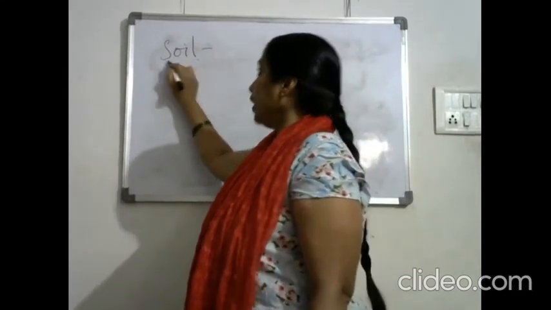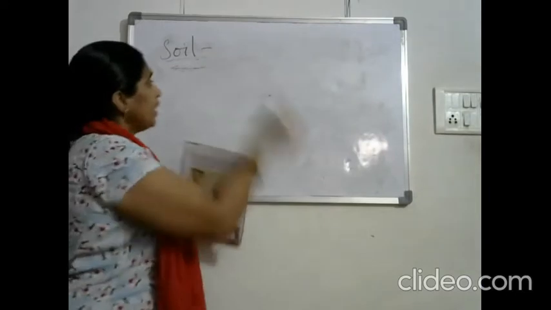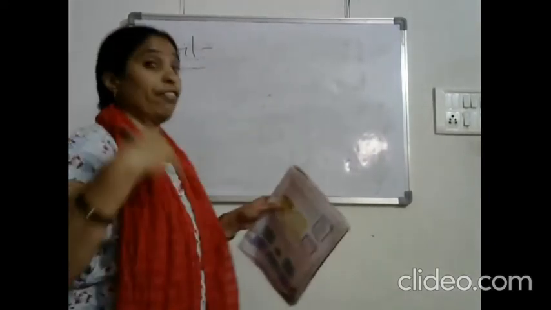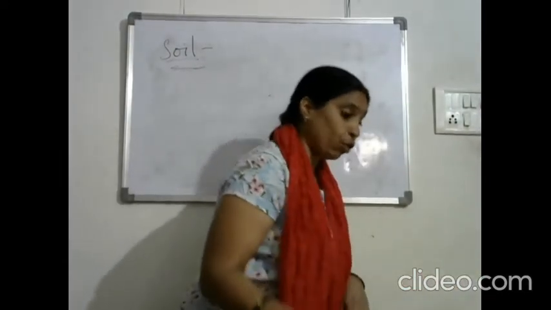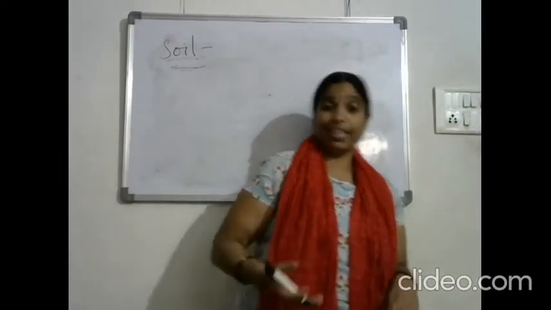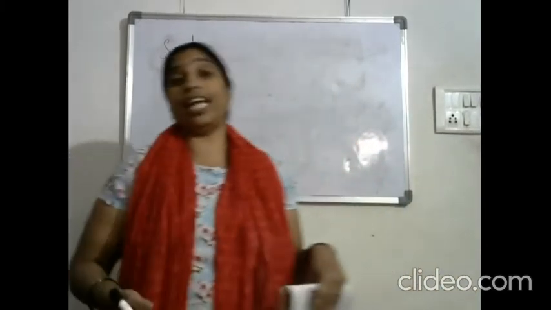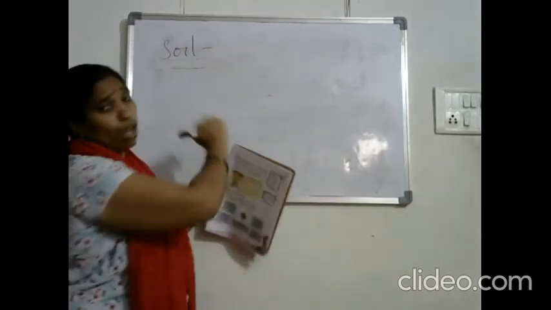Now there are different types of rocks, and in the same way we have different types of soil also. We have learnt in our younger classes, like in our 4th class, about laterite soil, black soil, mountain soil, all these soils.